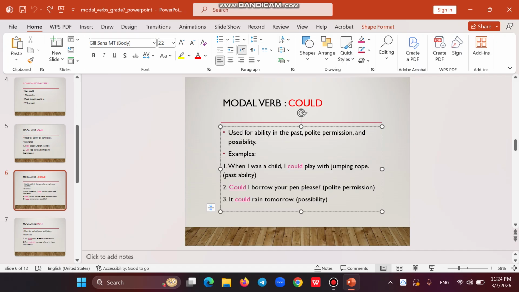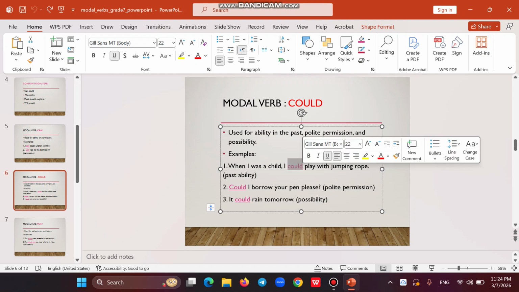So I was in the past, I was able to play with a jumping rope. So here, when we want to speak about past ability, we use could. We say, when I was a child, I could play with a jumping rope, not I can play. Okay, can is used for present ability.